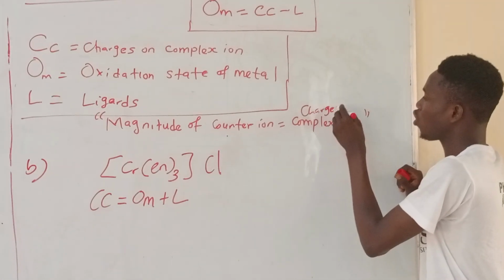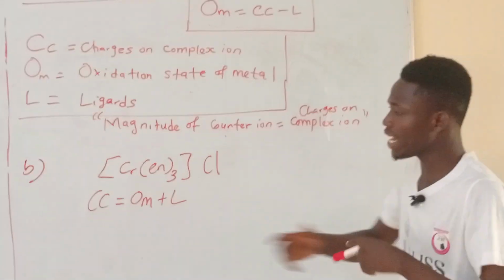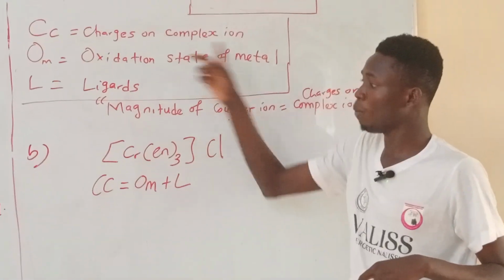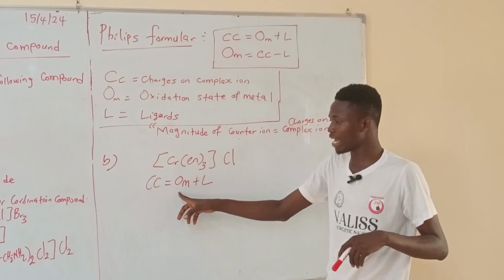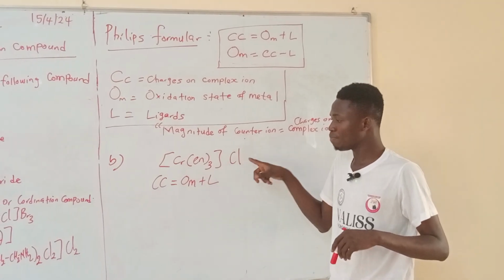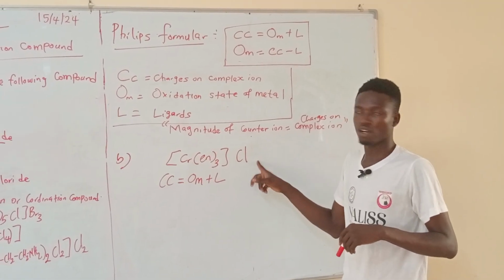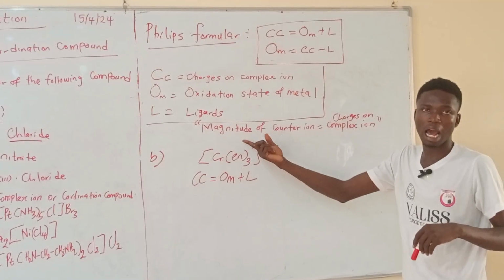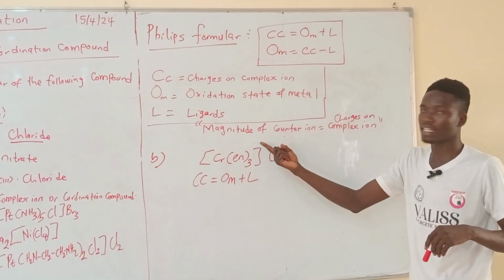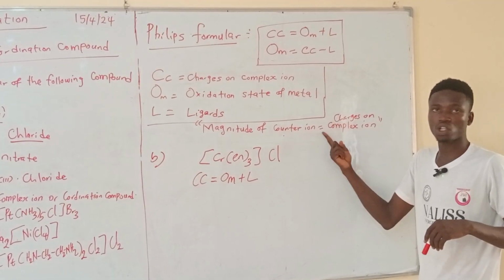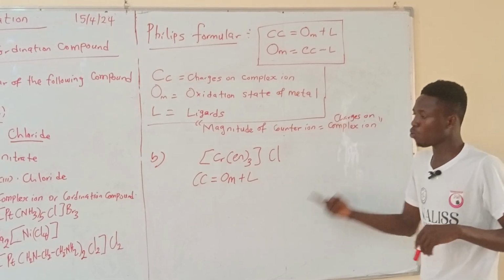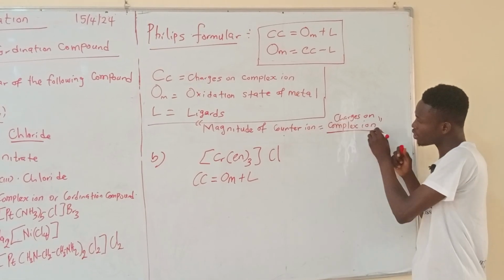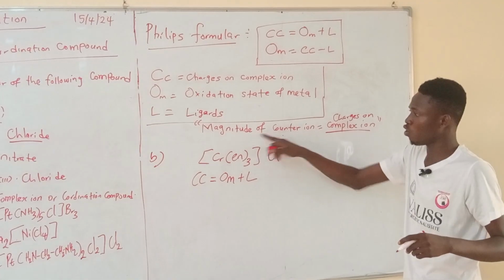If you can get your CC, the charge on the complex ion, you can get the magnitude of your anion.